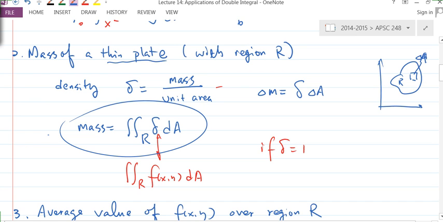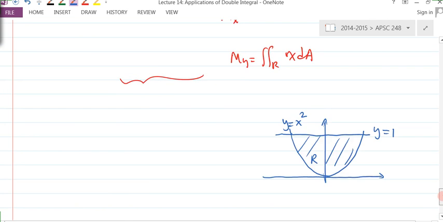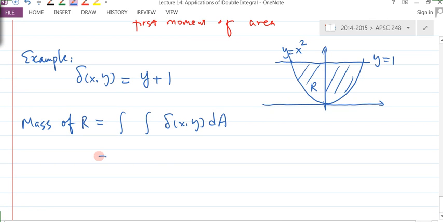Now I have my density given, which is y plus 1. This is Cartesian, there's no circle involved, so I better stick with Cartesian coordinates. All I need to do is pick the order of integration.